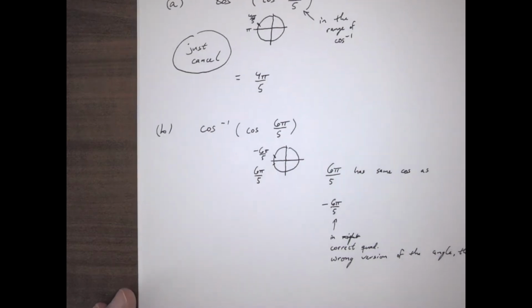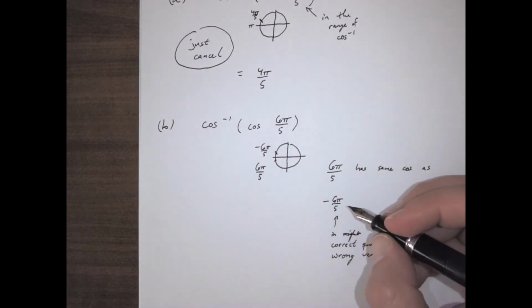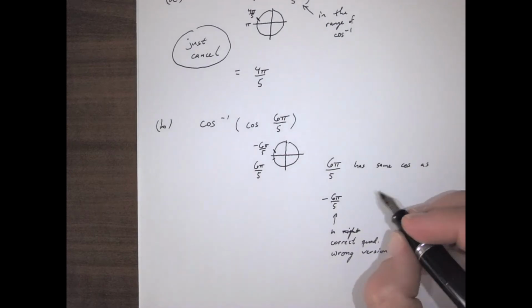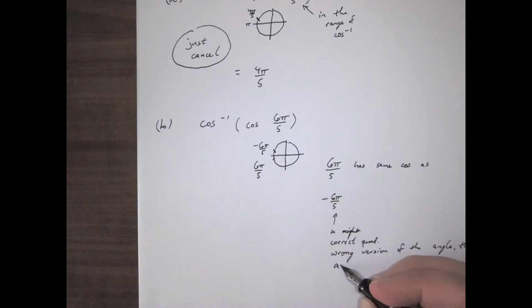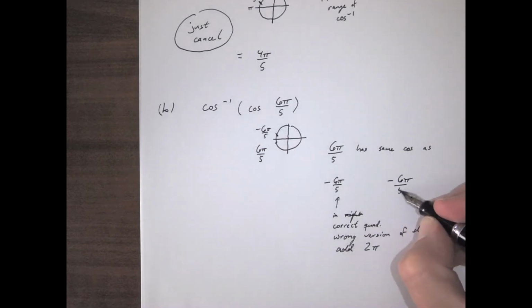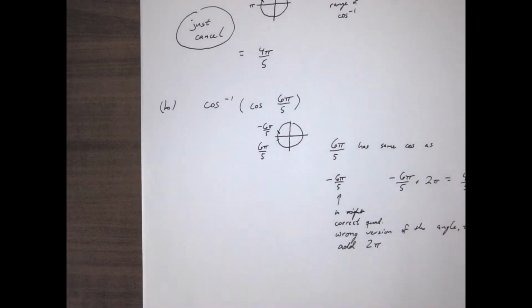In particular, the thing that's wrong about it is that we're not supposed to be getting a negative answer for an inverse cosine. So we can add 2 pi. That's a coterminal angle. And so it's going to be 10 pi over 5 minus 6 pi over 5 leaves us at 4 pi over 5, which in fact makes a whole lot of sense.